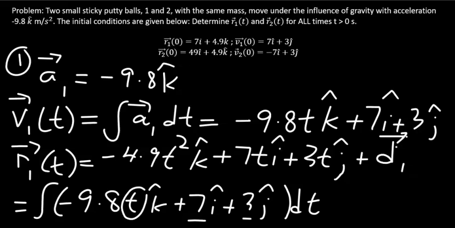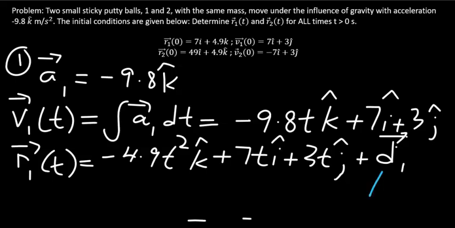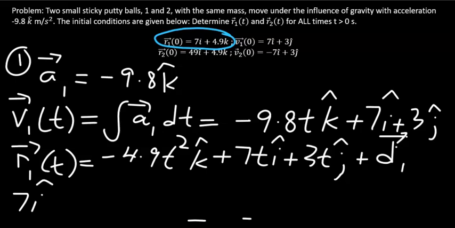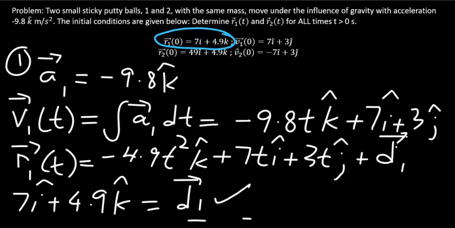It's a constant vector. We are given information to determine this d1. At t equals 0, r1 is given by that expression. So substituting t equals 0 here, and equating that to 7 i hat plus 4.9 k hat, we'll be able to find the vector d1. r1(0) is 7 i hat plus 4.9 k hat. On the right hand side, it is just d1. So we have the expression for the vector d1.